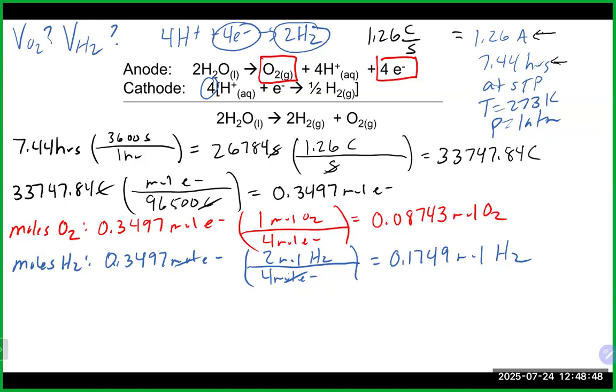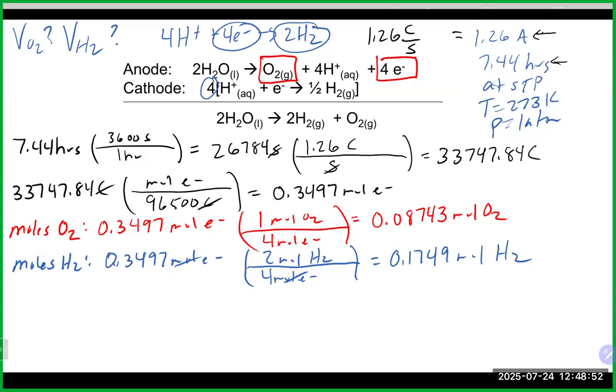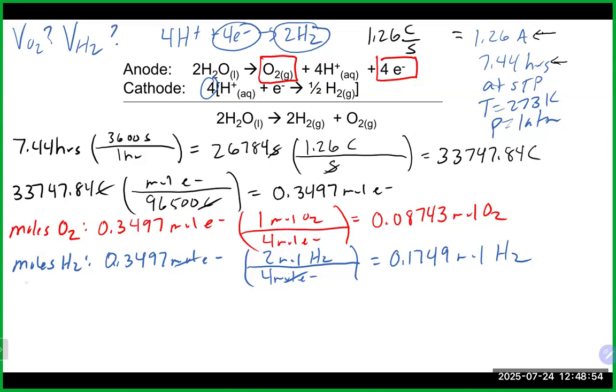At this point, it is ideal gas law time if you like. So PV equals nRT, we're going to solve for V. And at this point, we now have the moles, we have R, we have T, and we do have P. So that is going to allow us to solve for volume. So we do the volume of oxygen.